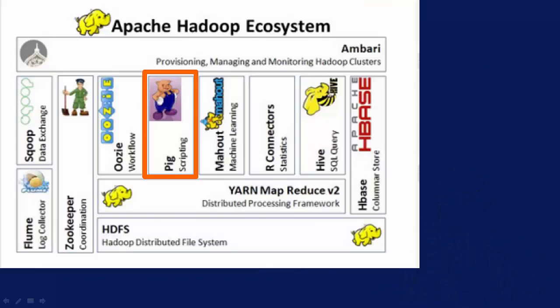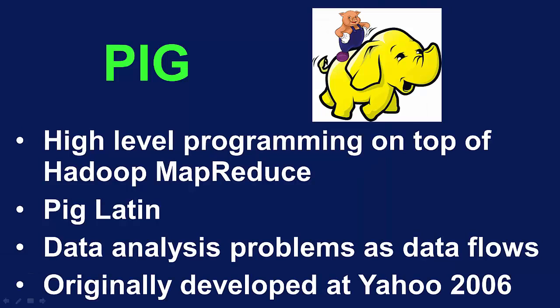So next up, let's talk about Pig. It's a scripting language. It's really a high-level platform for creating MapReduce programs using Hadoop. This language is called Pig Latin, and it excels at describing data analysis problems as data flows.